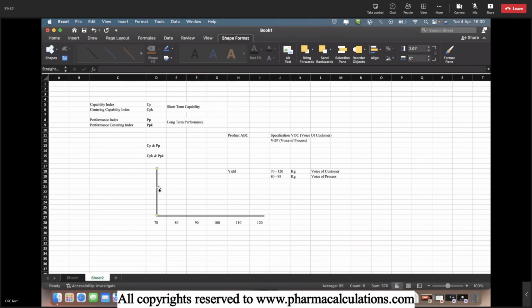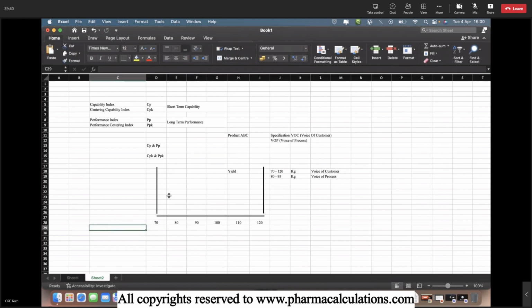This is the lower specification limit, the LSL, and this is the upper specification limit, the USL. Ideally, we have to get the yields, the data points, within this range.